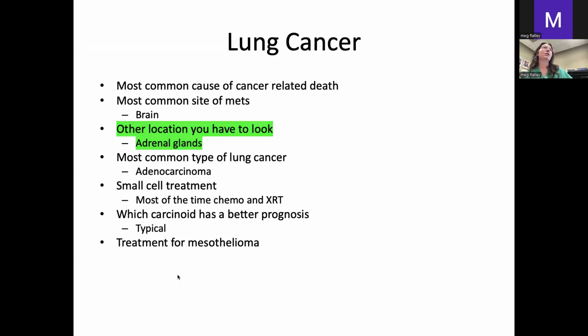Treatment for mesothelioma. Does anyone? I basically left this in because mesothelioma, if you see it on the test, probably that patient's going to die, and also in real life. So not a pleurodesis.